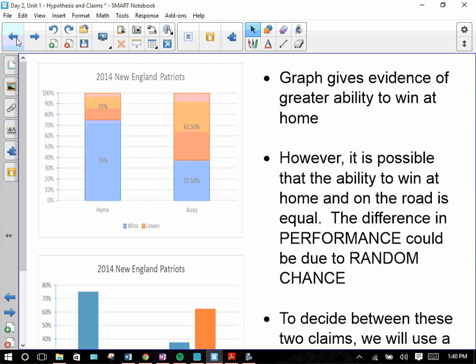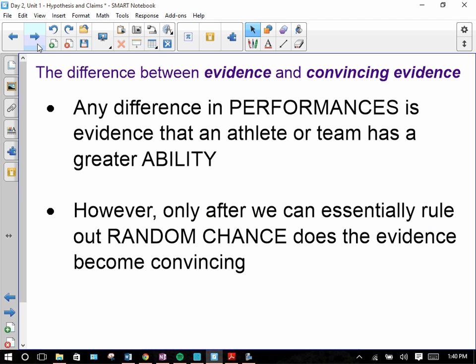We can see that there is a difference in performance between home games and road games. Pretty big difference. That's evidence. Any difference in performances is evidence. However, only after we can rule out random chance does the evidence become convincing.